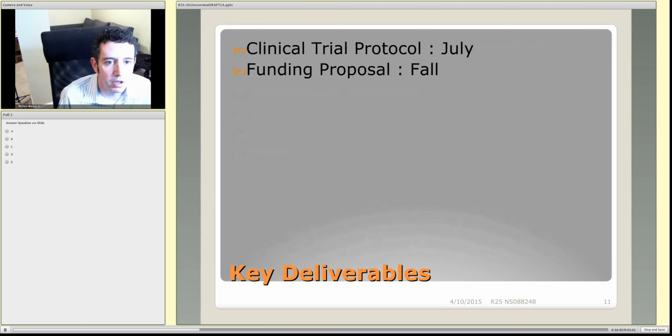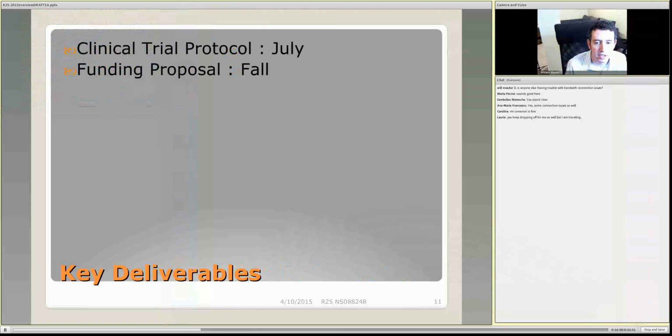Let's move on. So the key deliverables from this course, from the perspective of the things that we want you to be getting done and sort of walking away from this course with, as opposed to the things that can sort of never be taken away, what you will have learned in the didactics, what you will have learned by doing things, is that really we want a clinical trial protocol finalized in July.